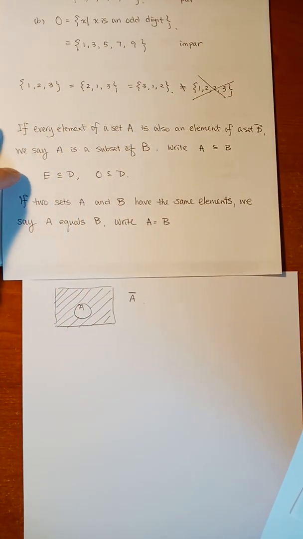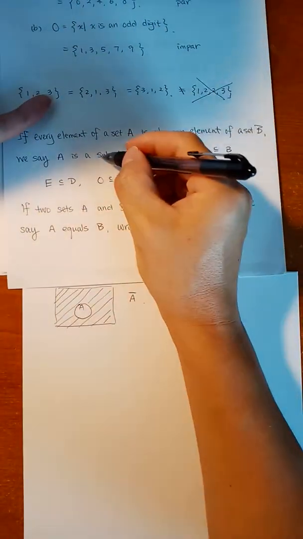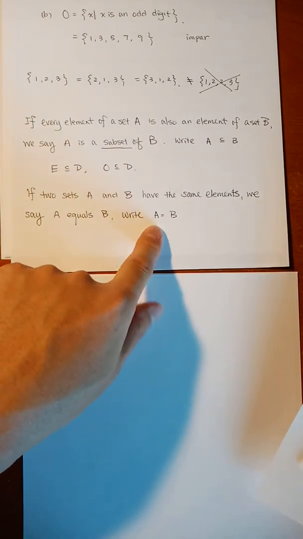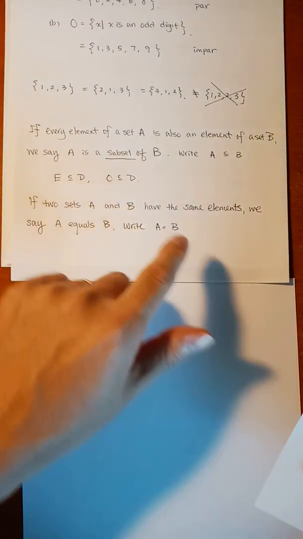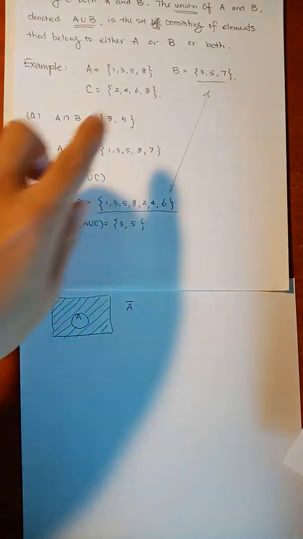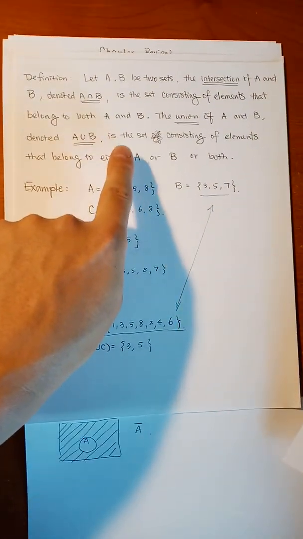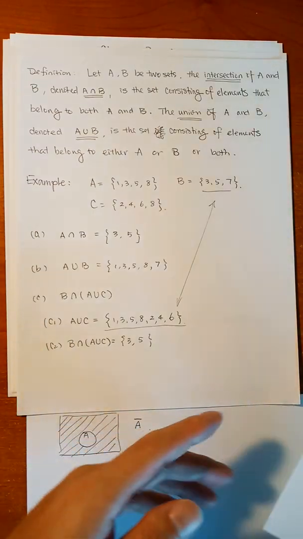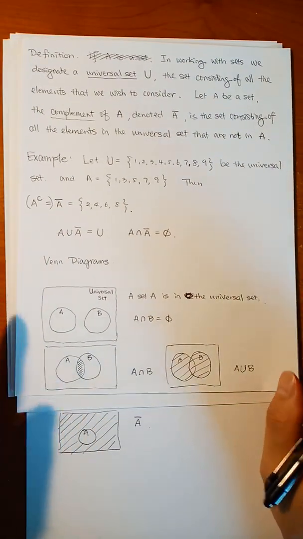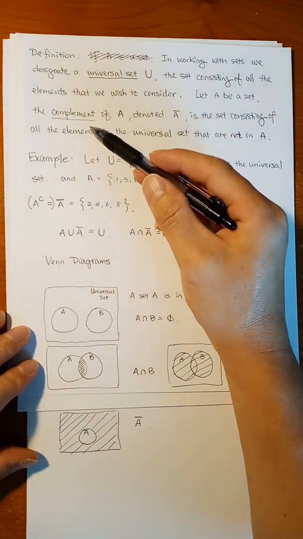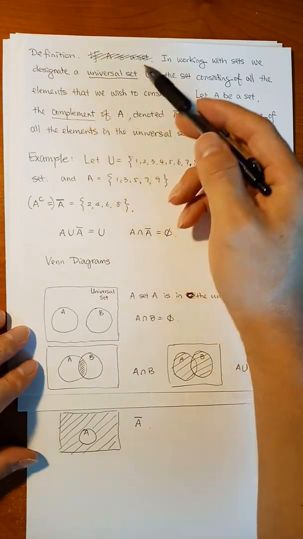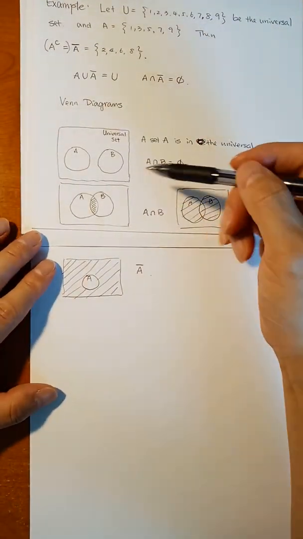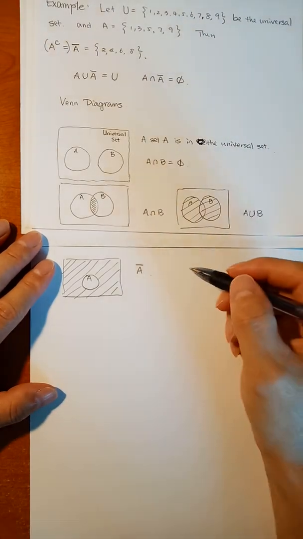And then we discussed a subset, and we discussed that two sets are equal if they have the same elements. And then we have intersection, we have union. This is an example about intersection and union. And after that, we have the universal set and a complement. And then we study the Venn diagram. We have intersection, union.